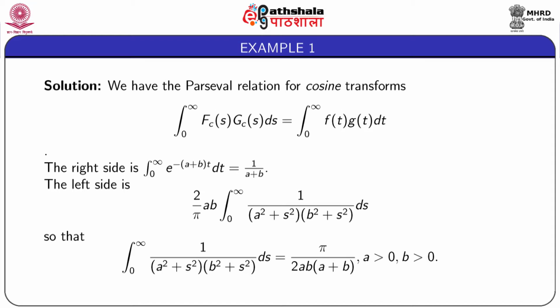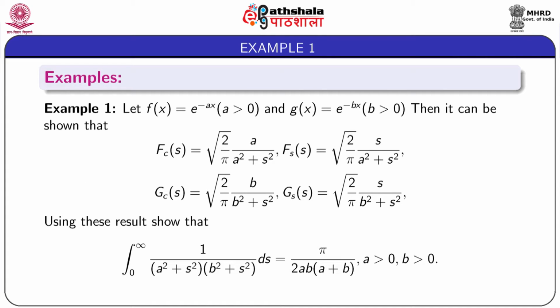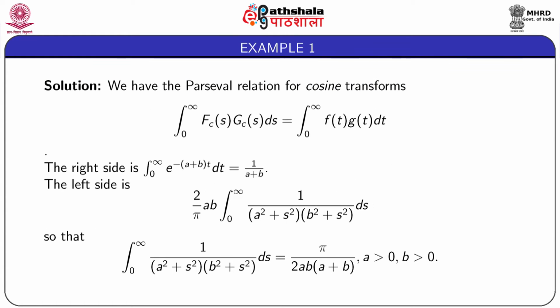And the left hand side integral, if we substitute capital F_c(s) and capital G_c(s) from these relations, then we obtain left hand side is equal to 2ab by pi integral 0 to infinity ds by (a square plus s square) into (b square plus s square).